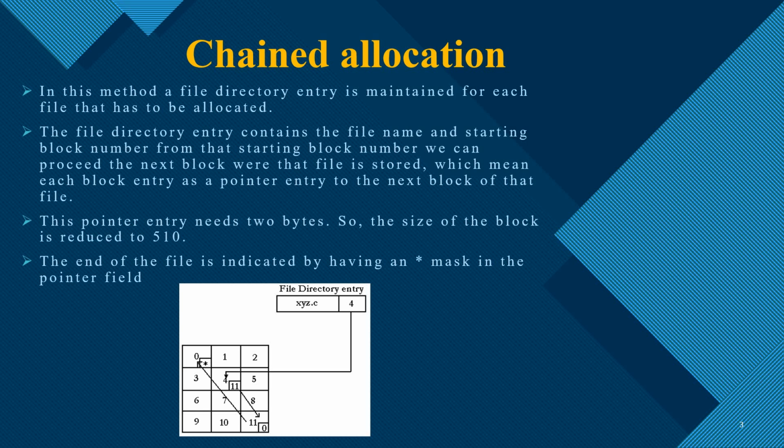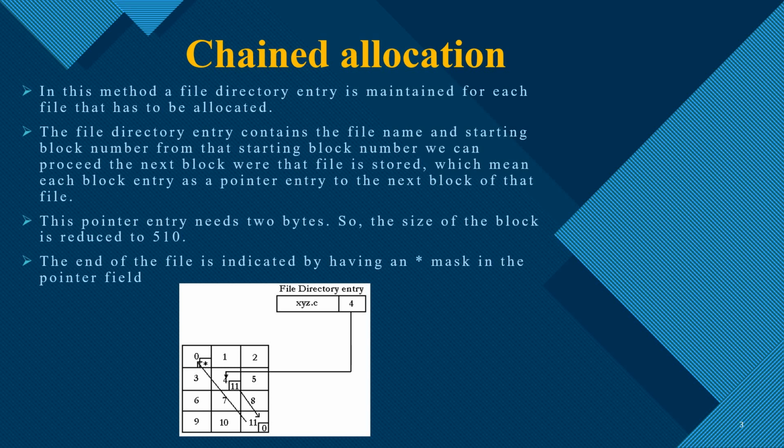From the starting block number, it points to the next block which should be referred to. So each block entry has a pointer entry to refer to the address of the next block. This pointer entry needs 2 bytes.